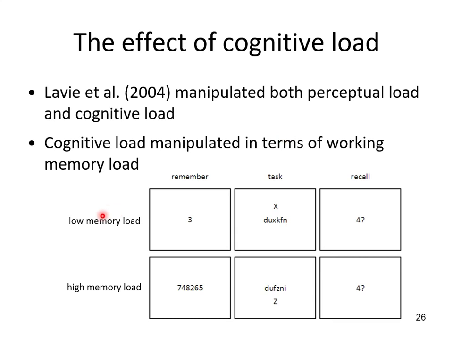There are two conditions. One is the low memory load condition, therefore low cognitive load condition, so the task is easy. You remember the number, and then you do the same task, and after that you will see a test. Is the number you remember a 4, and then you say yes or no.